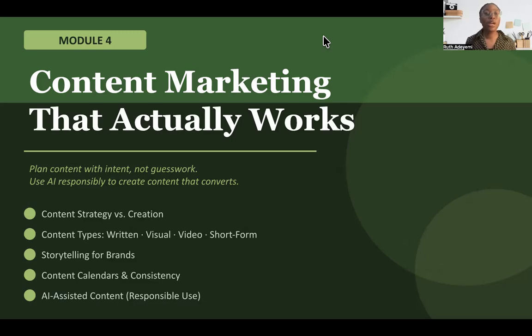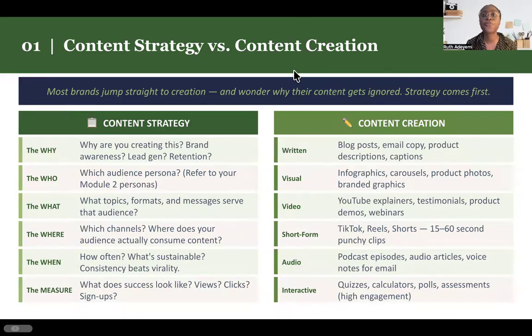Do you understand? So here I'm going to talk about content strategy versus creation, which at this point you should already know. You should be masters in that, except if we switch the order of things depending on the year that you're watching. Content types, storytelling for brands, content calendars and consistency, and AI-assisted content. And how do you responsibly use AI? We'll talk about that in this module.